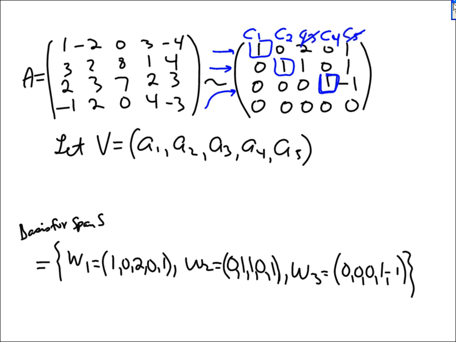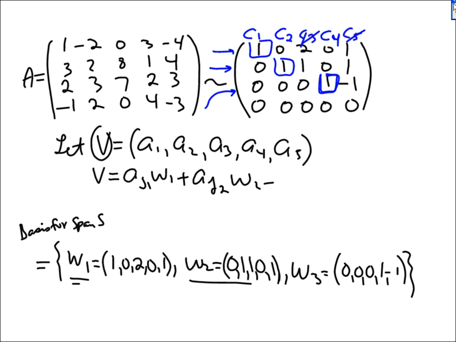Now, what you can always do is say that this vector V is a_j1 times W1 plus a_j2 times W2 plus a_j3 times W3. Now, the obvious question is, what's j1? What's j2? What's j3?